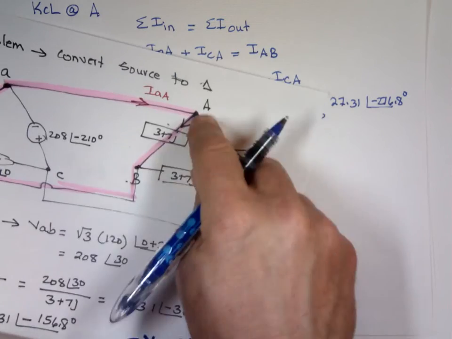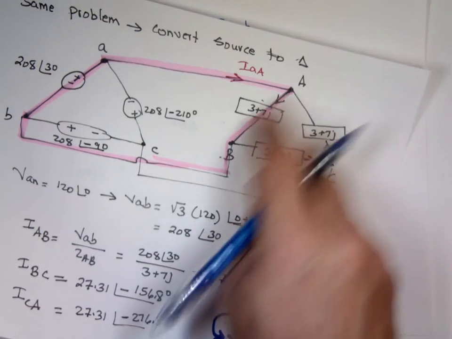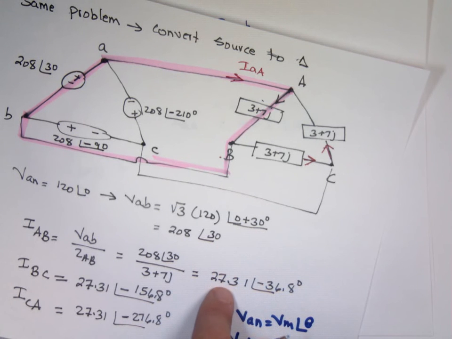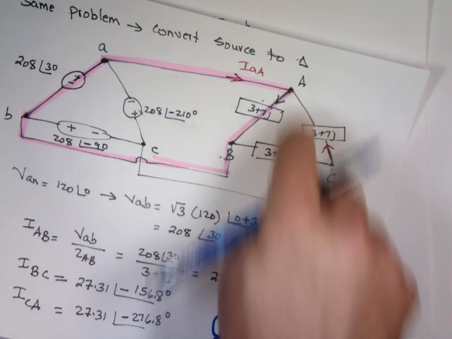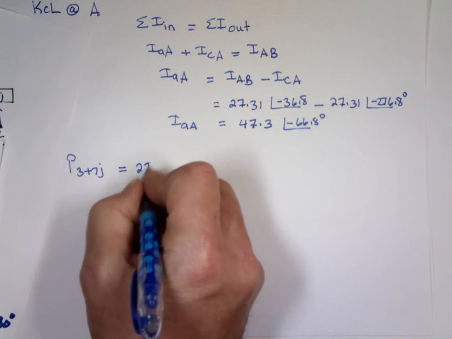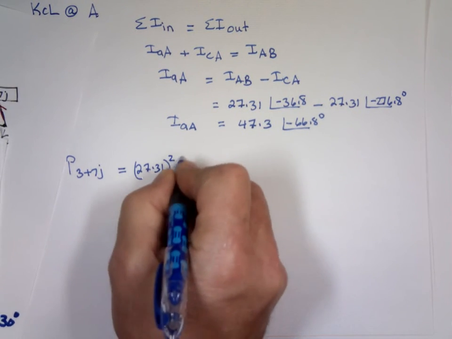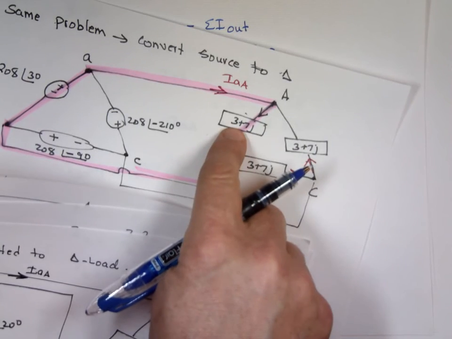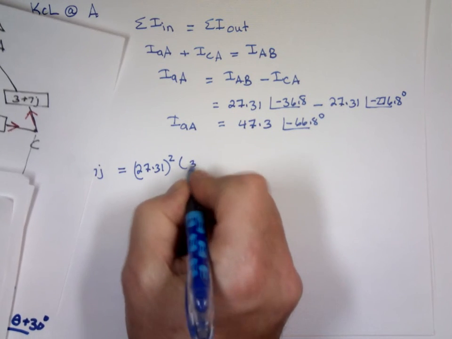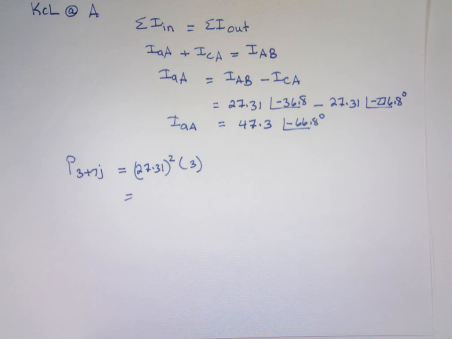It's I sub A to B, which was 27.31, squared, times the resistor, which is 3. That's per phase. Let's do the math and see if that number 2209 is somewhere in that neighborhood.